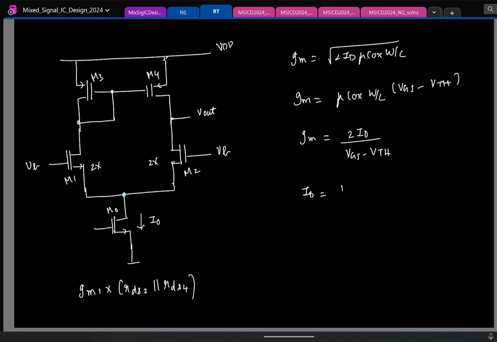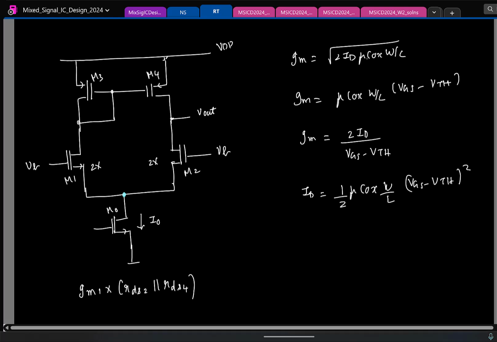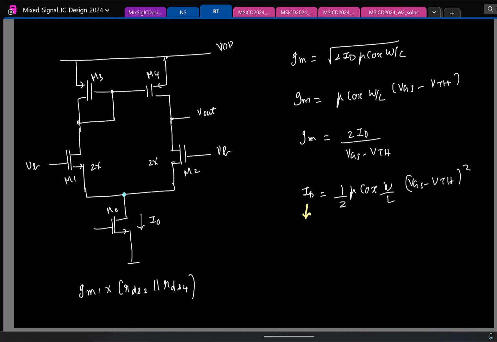Remember, ID is half mu COX W by L into VGS minus VTH whole square. My ID is changing or not changing? It's not changing, so it's 1x. This factor is changing or not changing? By 2x. So how should VGS change? This term should go as 1 by root 2.